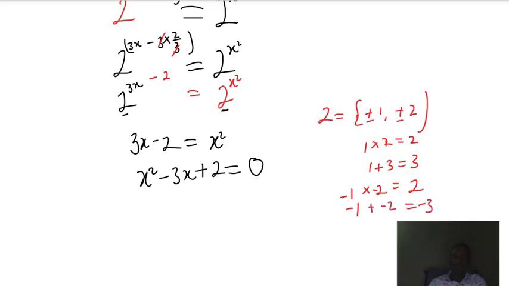So the factors we are going to use in place of negative 3x are these. So we have x squared minus x minus 2x plus 2 equal to 0.